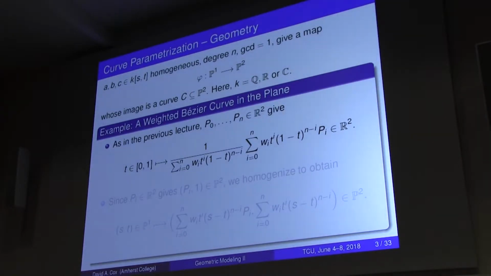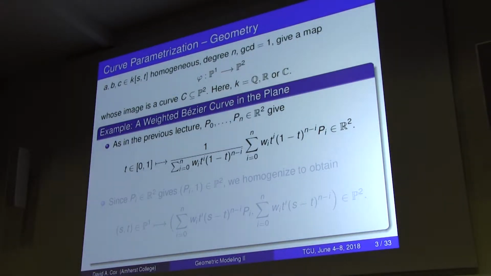So it turns out that if I simply map (s,t) to (A,B,C) evaluated at a point in P1, I get a point in P2, and this GCD condition says that's going to be well defined, and the image will be some curve. And here the field I'm going to work over will either be the rational numbers, real numbers, or complex numbers.